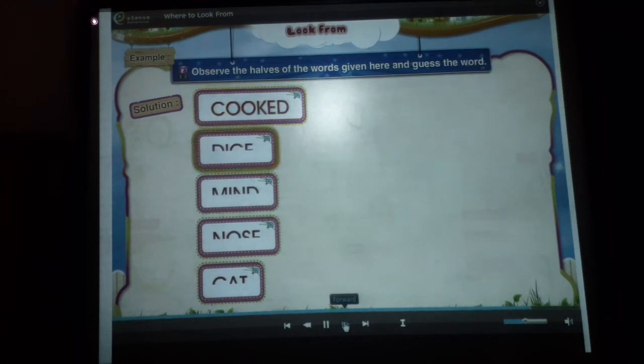The second word is D, I, C, E, dice. The third word is M, I, N, D, mind. The fourth word is N, O, S, E, nose. And the fifth word is cat.